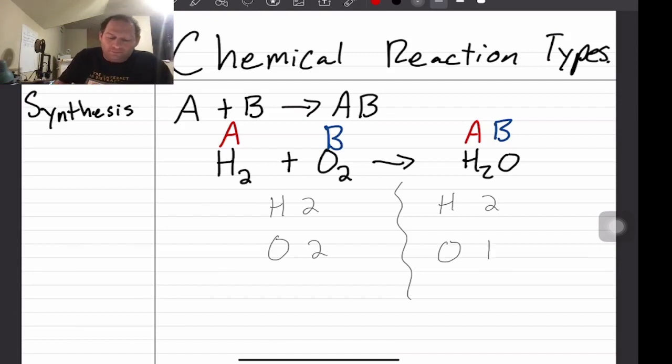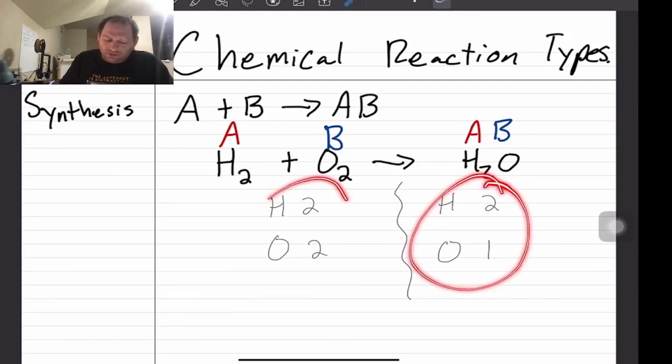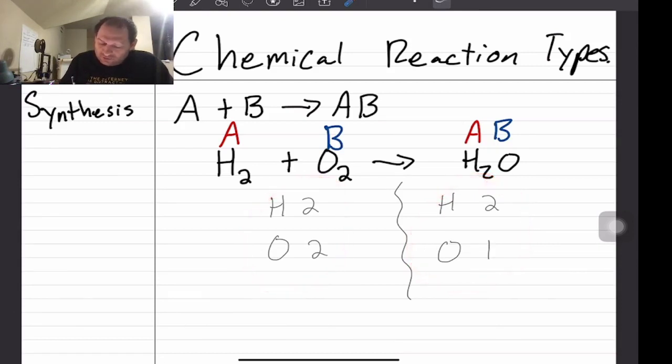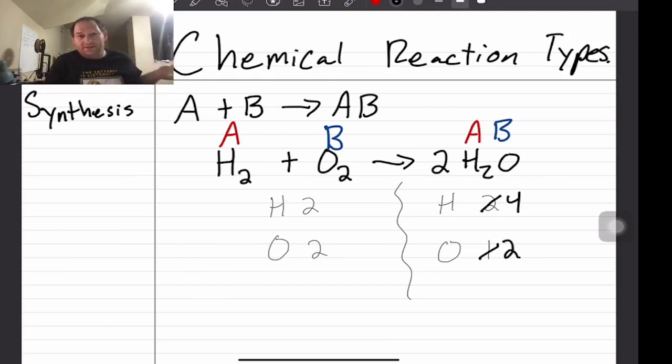I need to make this side equal to this side. Well, if I have this 1 here and this 2 over here, I could add a 2 here to make that side even. You put a 2, which means this is now 4, and this is now 2. On the left-hand side, make sure that's also even. Well, it's not. The hydrogens here are not the same. So I can add a coefficient up here.